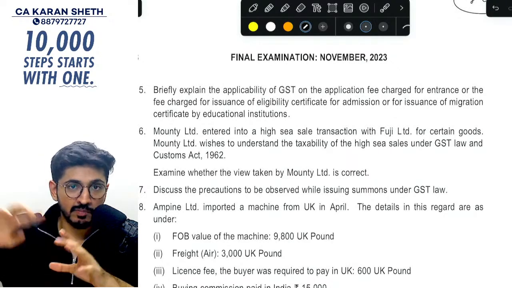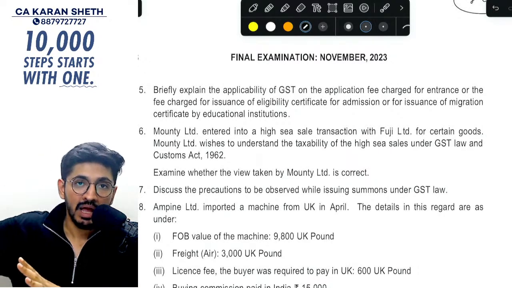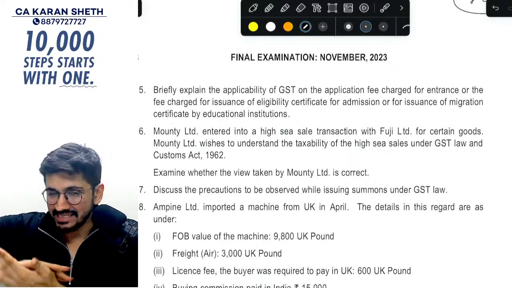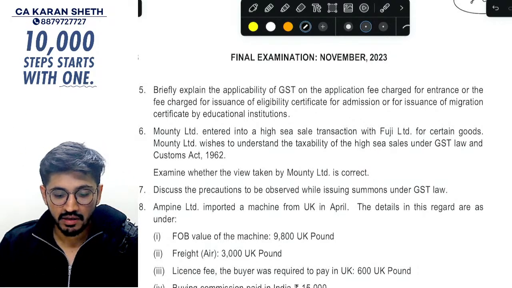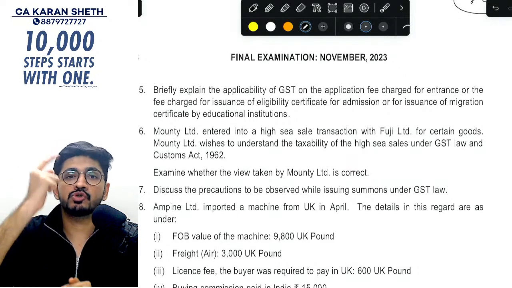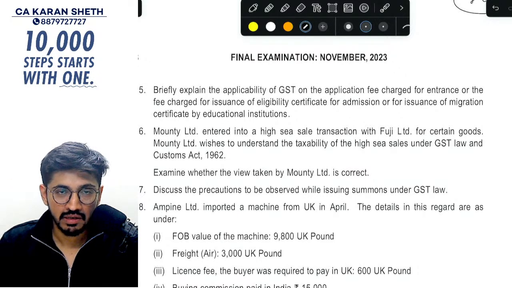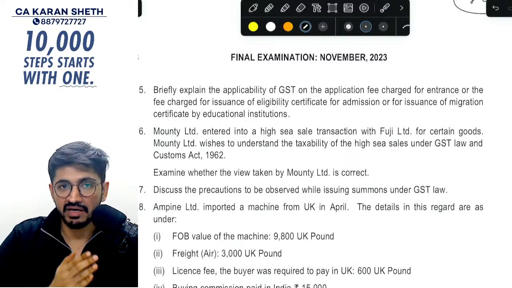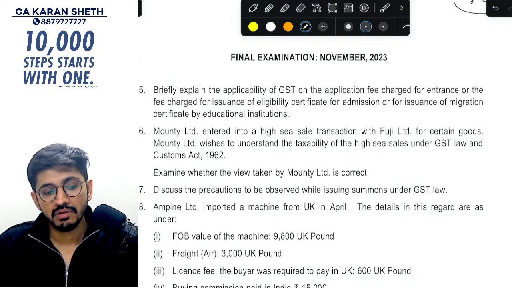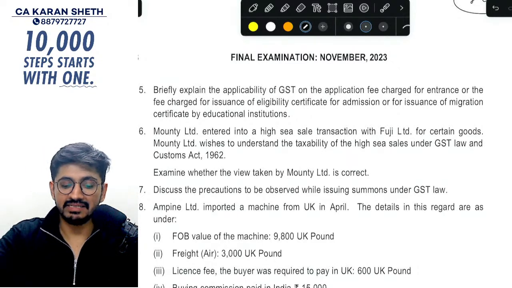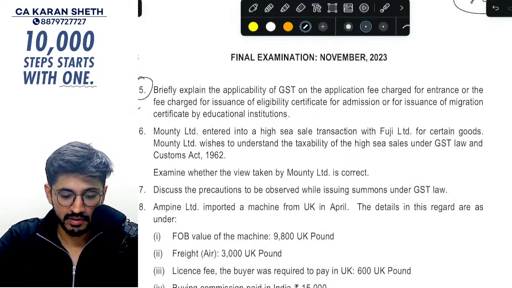To future students by the way of conducting exam and charging a entrance fee, exempt. And third is to their ex-student, my dear friends, by the way of granting migration certificate. It will be exempt. Got it? It will be exempt. That's it. That's all I want.